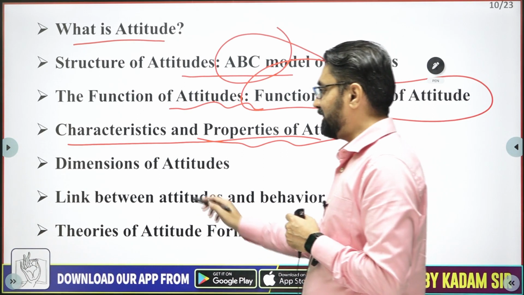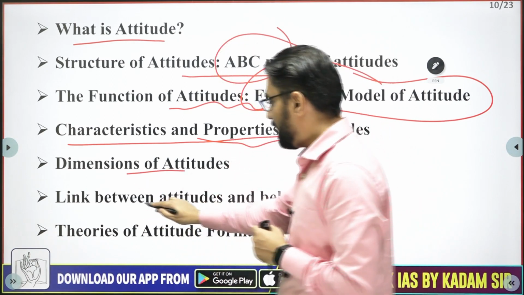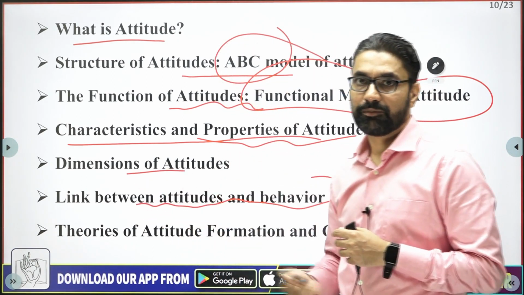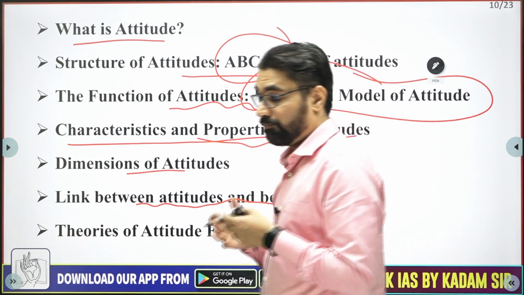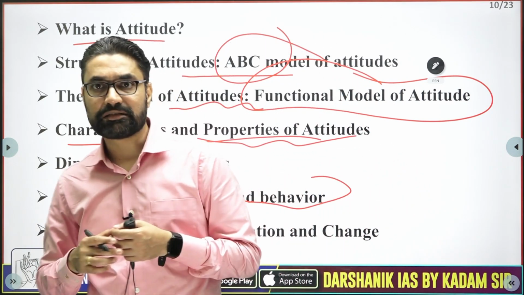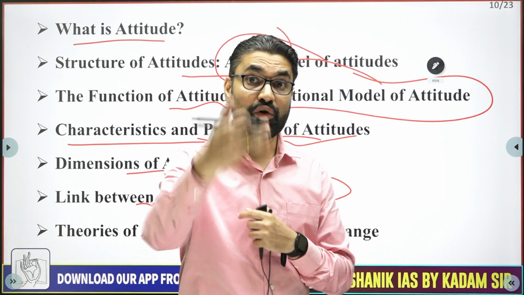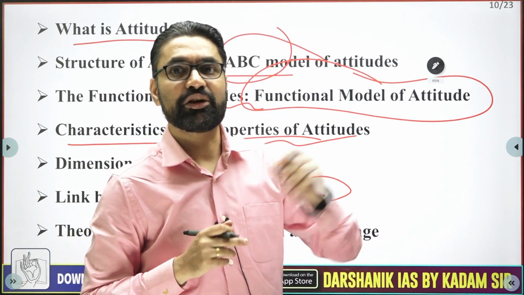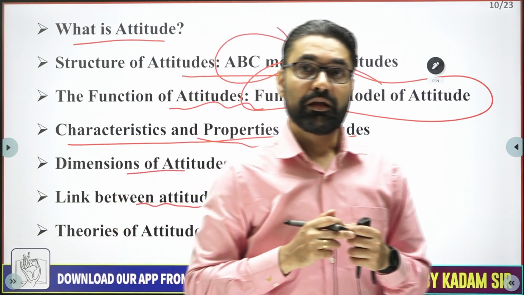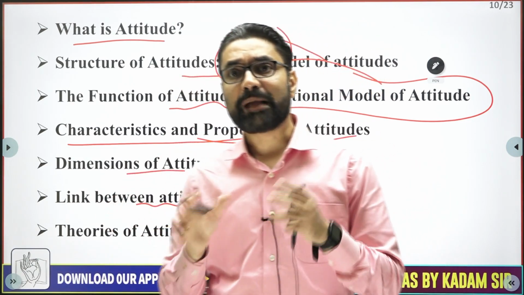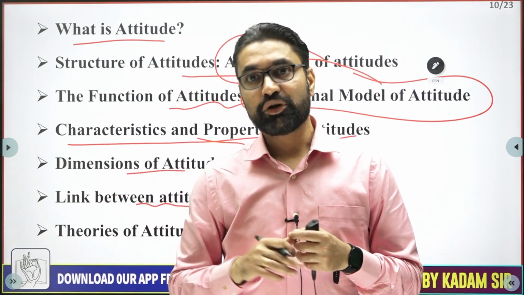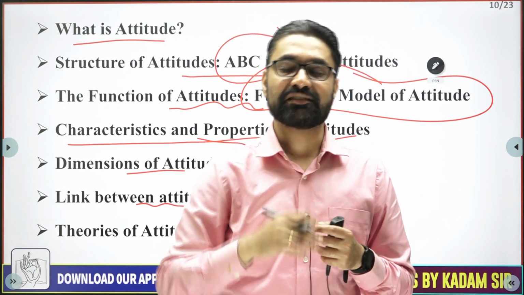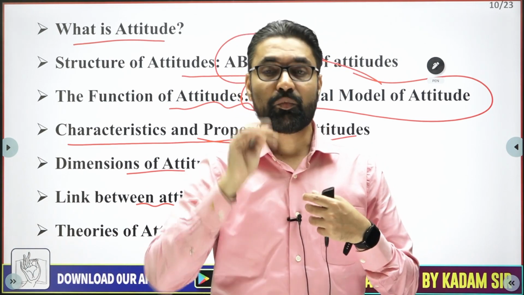Then we'll be discussing, guys, dimensions of attitude and the link between attitude and behavior. A large problem with Indian people, guys, is that we have attitudes, but they don't reflect in our behavior. Everyone wants a clean India, but everyone will spit on the road. No one wants traffic jams, but many people will break the signals, though internally they don't want to.